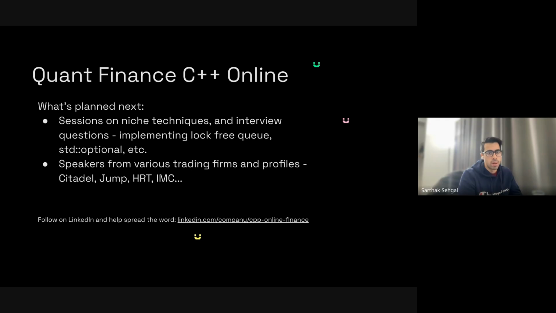So the goal is to bring a couple of speakers as the community grows, but also continue doing these sessions on niche techniques and C++ fundamentals. Examples could be implementing a lock-free queue. This is a bit more advanced, but it's a very important and very common question on how to implement your own lock-free queues using std::atomic and std::optional, as I mentioned before.